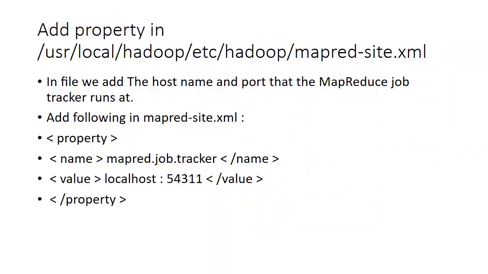It is started at localhost:54311. So in mapred-site.xml, we have to configure the property name of the job tracker and the property value, where the service is going to be launched in our localhost.